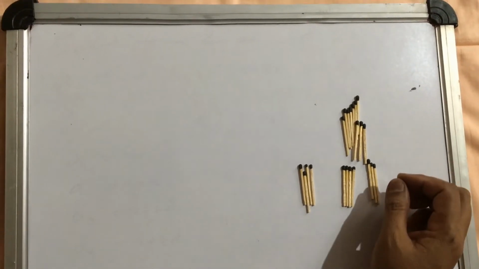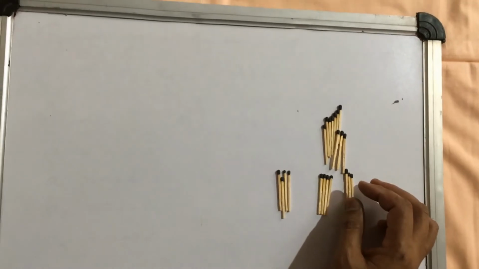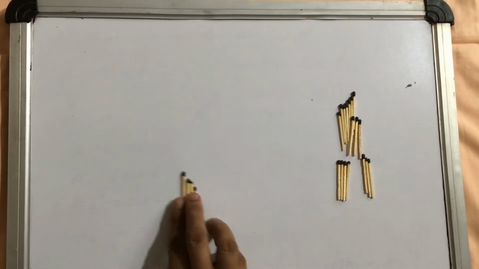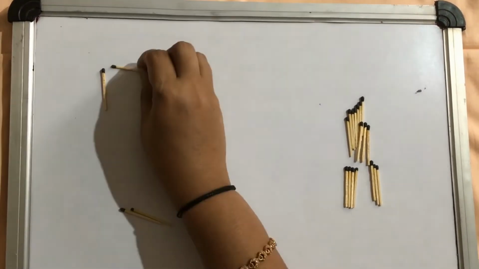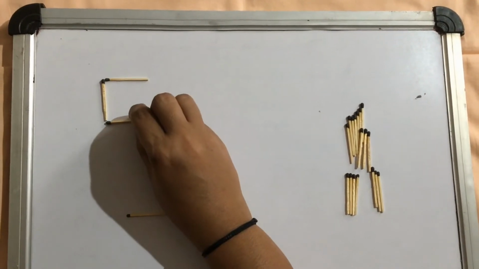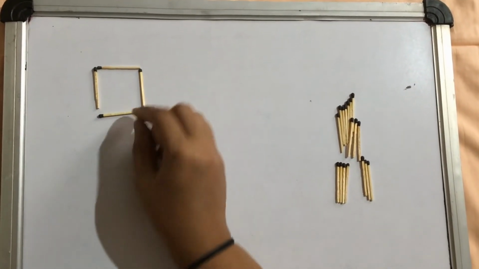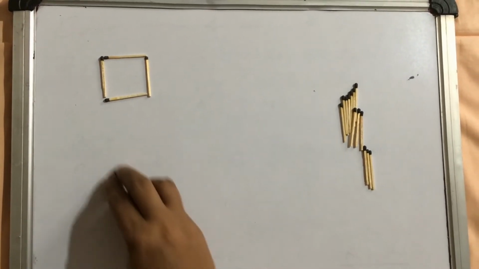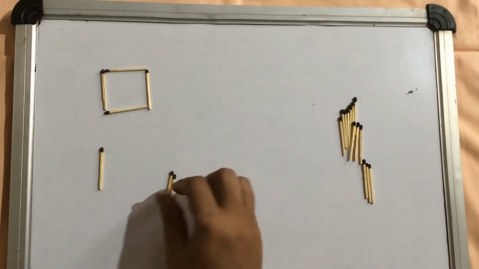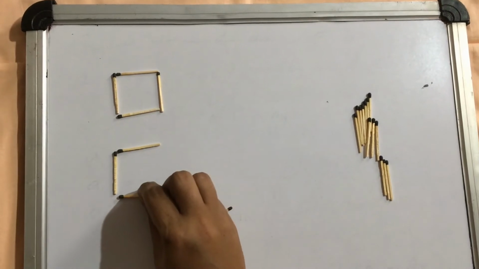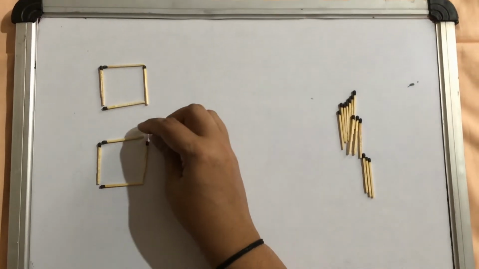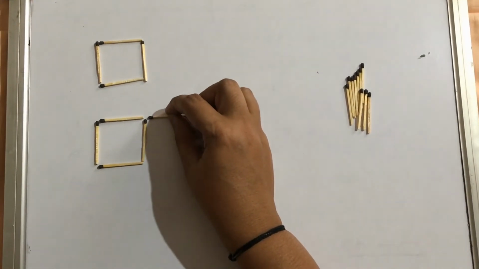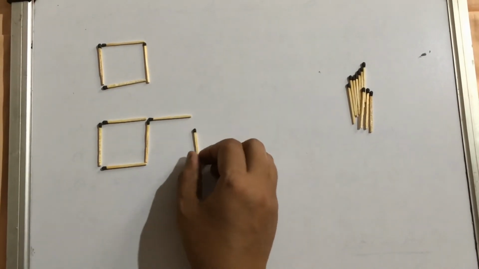Let us do one activity using matchsticks for better understanding of the concept. We are going to prepare squares using these matchsticks. For one square, how many sticks are there? 4 matchsticks are there. And in the next row, beside this square, this is one square, and beside it I am going to add one more square.